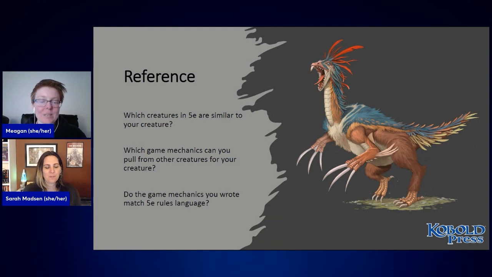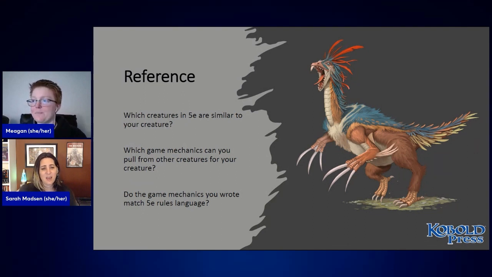But yeah, and then also, if you're going to submit this for publication, then you definitely want to make sure that your game mechanics match the 5e rules language, right? So if you are picking up pack tactics, make sure that you aren't just writing, it does good with its buddies. There's specific text that is pack tactics.